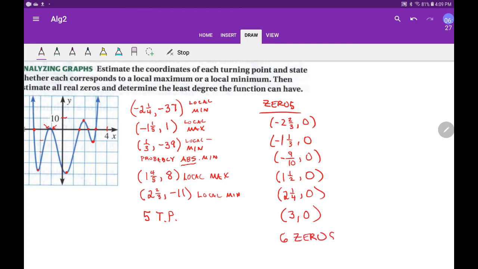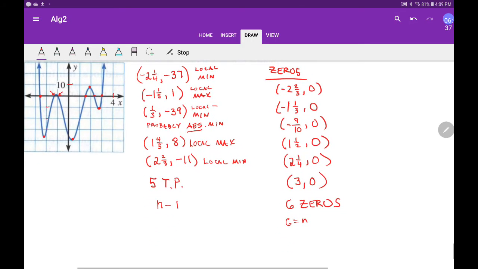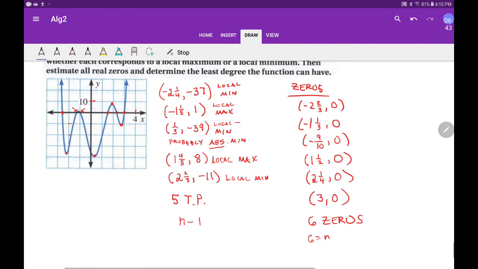And I know that if I have 6 zeros, 6 is equal to n. My turning points are going to be n minus 1. That's exactly what I have: 6 zeros and 1 less turning point, just like the notes in my notebook said.